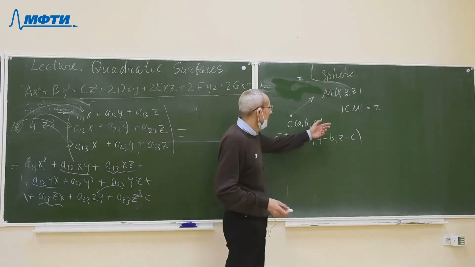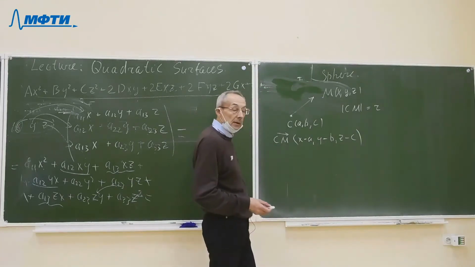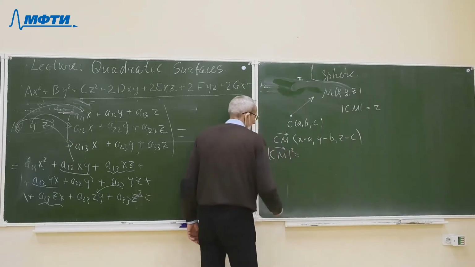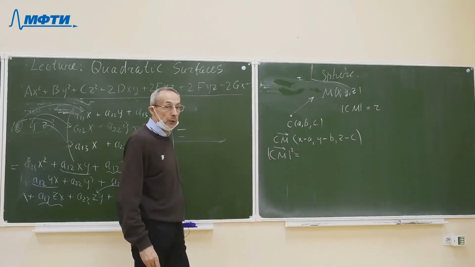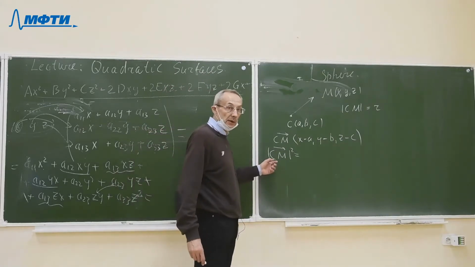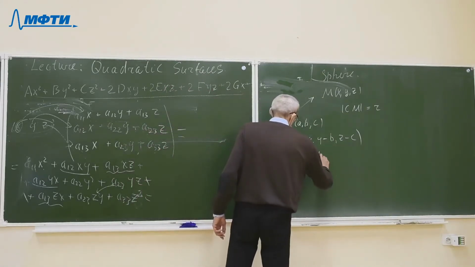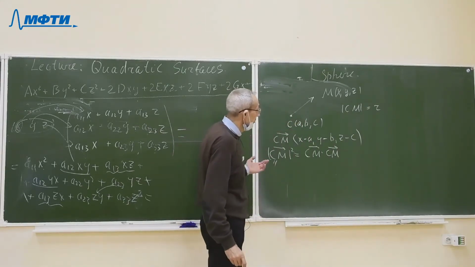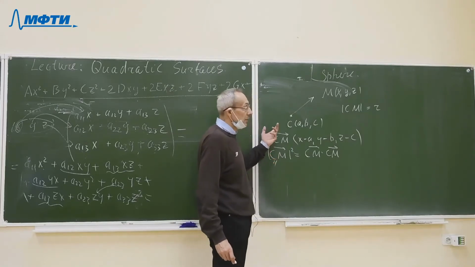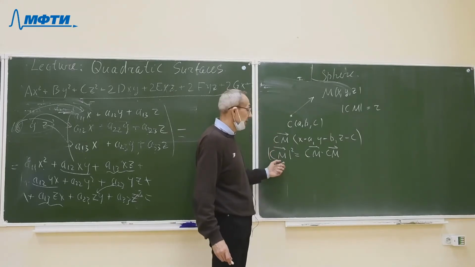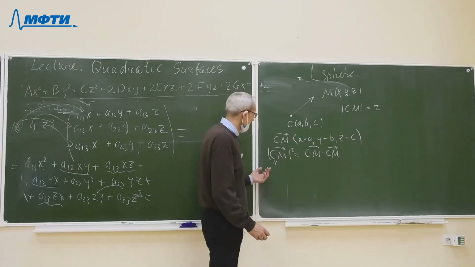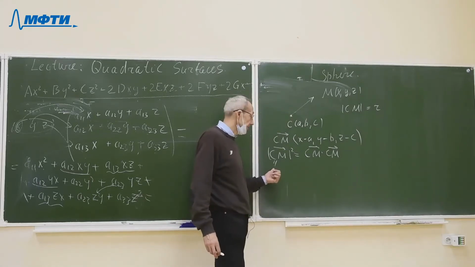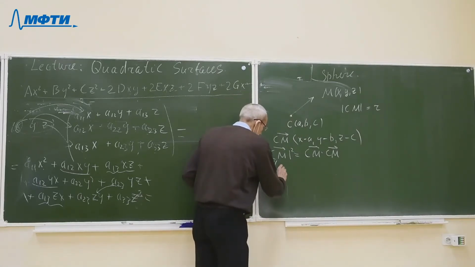The square of its length is equal to the dot product of this vector with itself, the scalar square. By the definition of the locus, this distance is constant and equal to r, so the square of the distance is r squared.